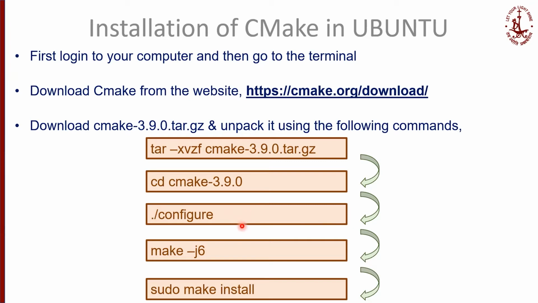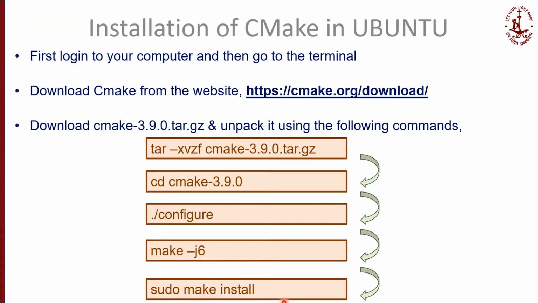So what you do then, you type out make -j6, next command, and then after that sudo make install. When you type out sudo make install, it will again ask for a password. If your PC is protected by a password, it will ask; if the password is not there, it will not ask for any password. It will directly install CMake. Once CMake installation is done, at the bottom, you can see it will be written CMake installed successfully.